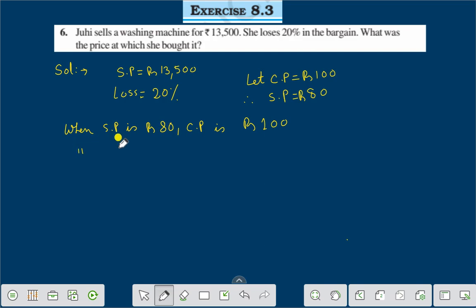When selling price is rupees 1, cost price is rupees 100 by 80.